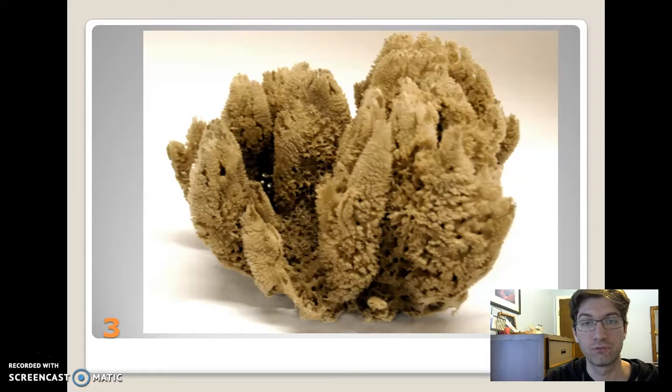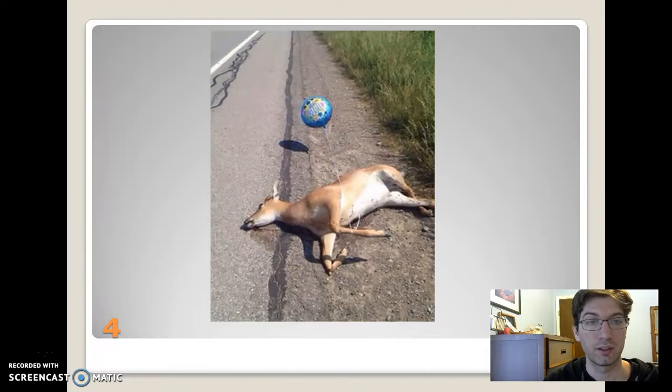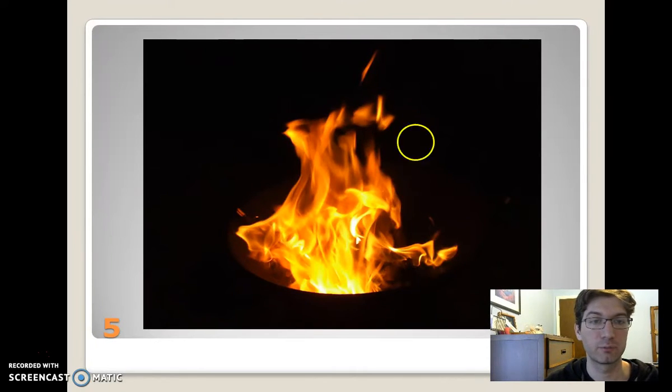Moving on to picture 4, I am referring to this structure right here, and not this green stuff, not this grayish stuff, this structure here. Keep that in mind. Picture 5, I am referring to our little yellowy orange glowy stuff here going on.